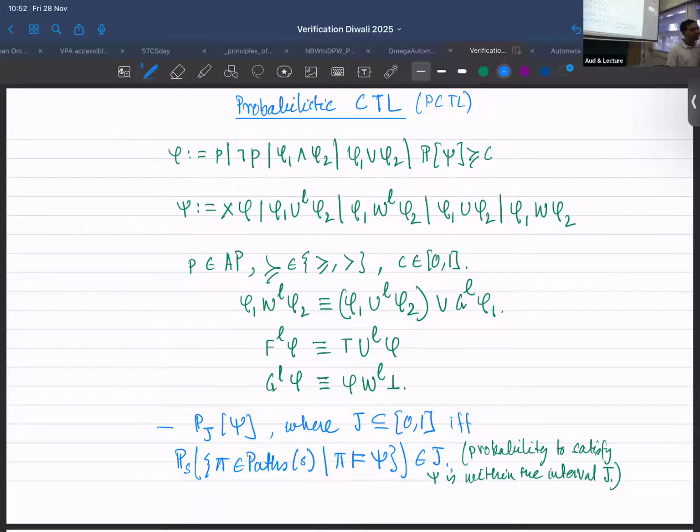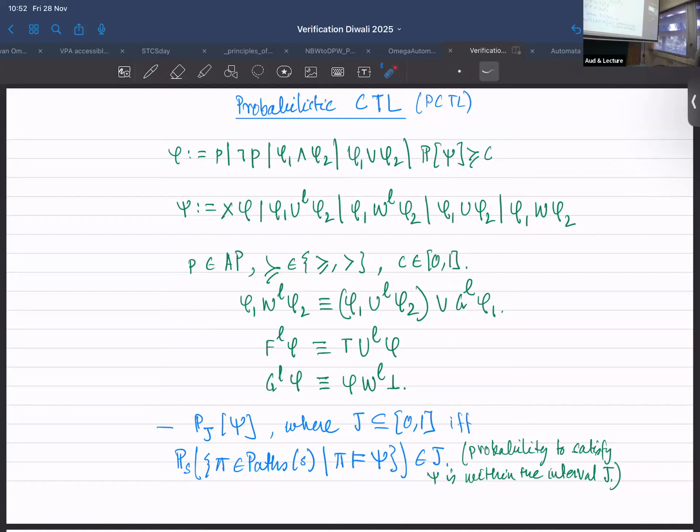The Markov chain, right? So your model is the Markov chain, and you have a formula in PCTL. So now you want to check whether the Markov chain satisfies this PCTL property.